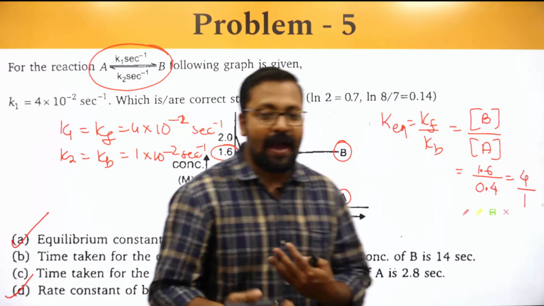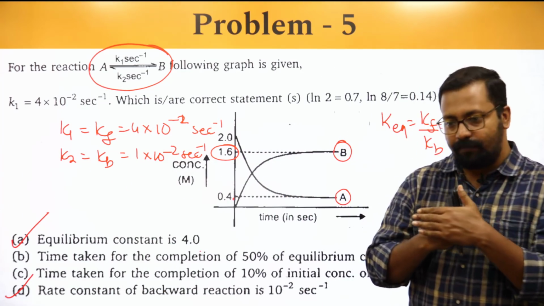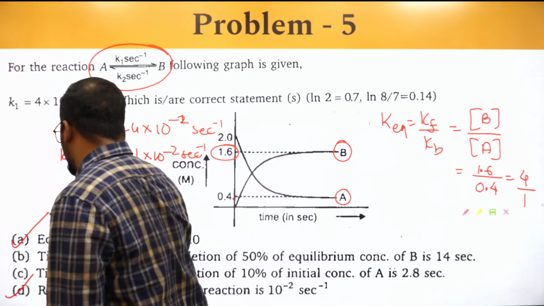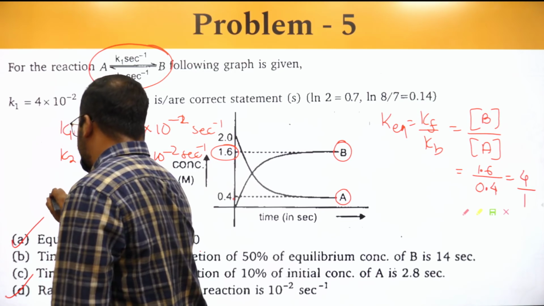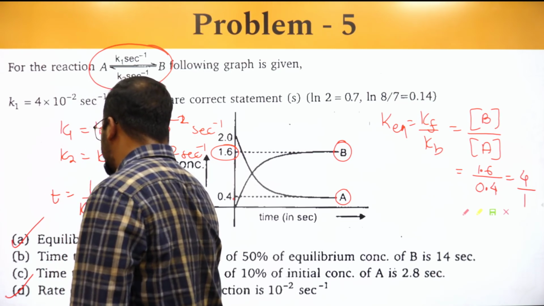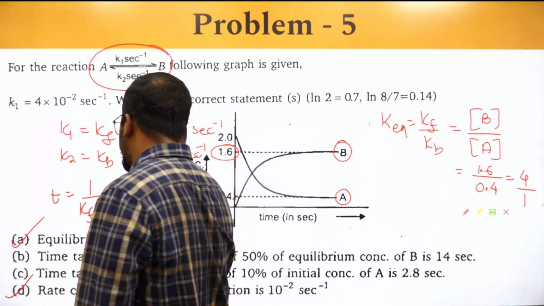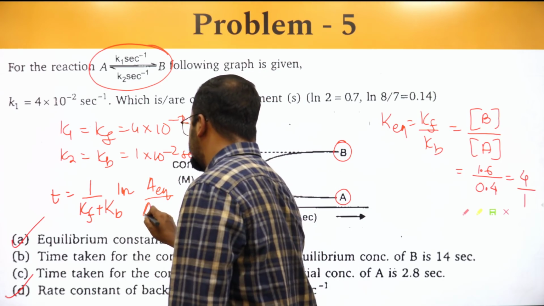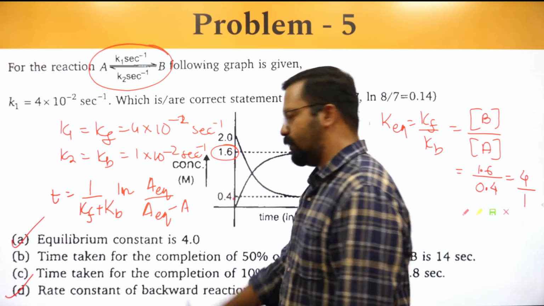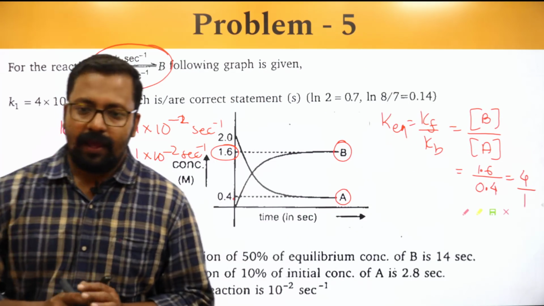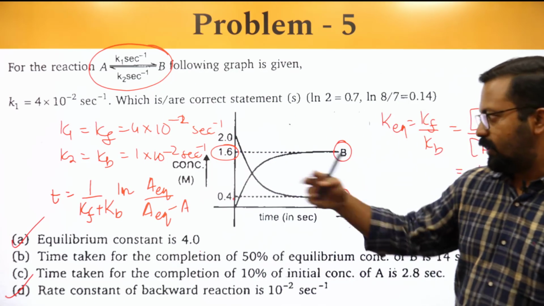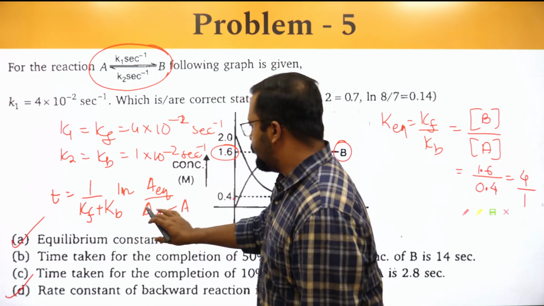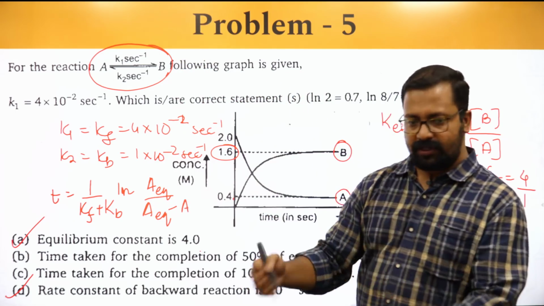Now whenever you see a reaction going in equilibrium, the overall equation will become T is equal to 1 by K forward plus K backward ln of equilibrium concentration of this entity by equilibrium concentration of this entity minus whatever amount is dissociating.